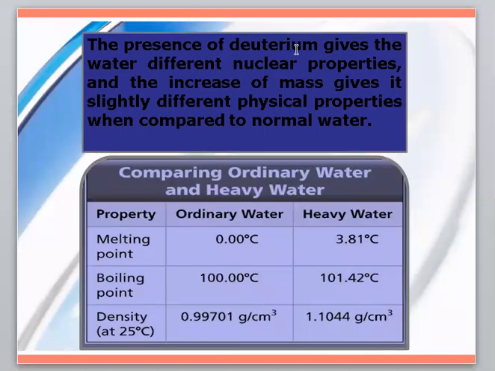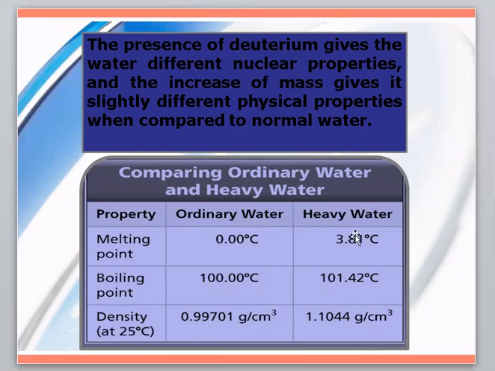The presence of deuterium gives the water different nuclear properties, and the increase of mass gives it slightly different physical properties when compared to normal water. If water has the protium type of hydrogen, it is termed ordinary water.